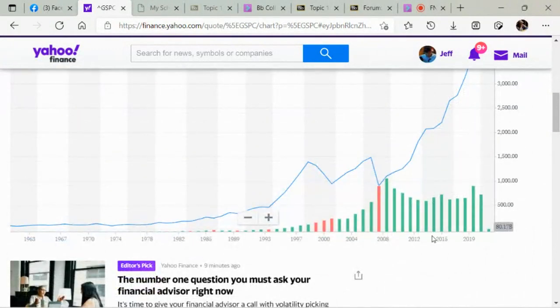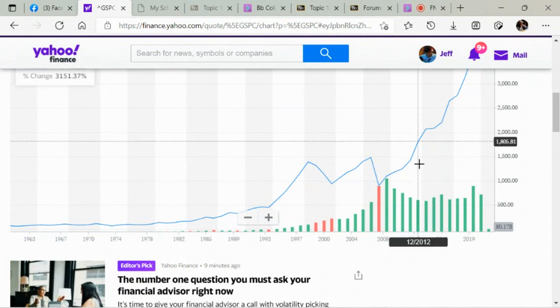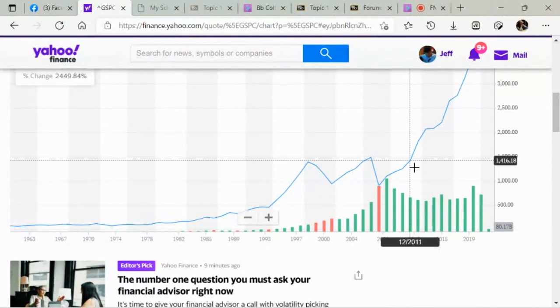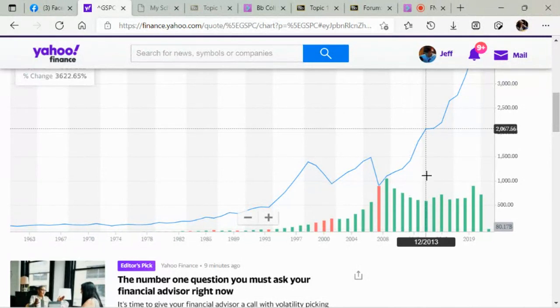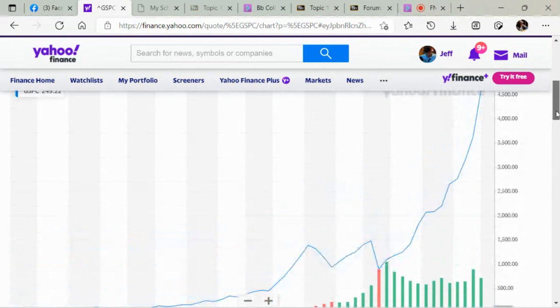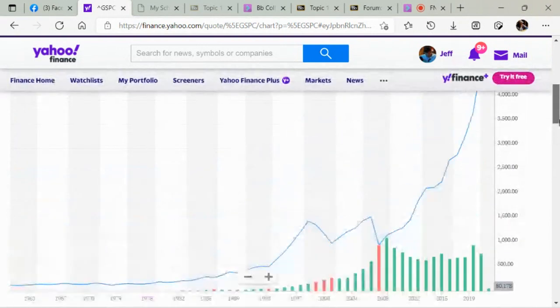Look, if you bought an S&P 500 index fund around 2012, it was around 1,500. And now, if you held it 8 years, I mean, let's just say 5 years. Think about 5 years. 2015, where is 2015 here?